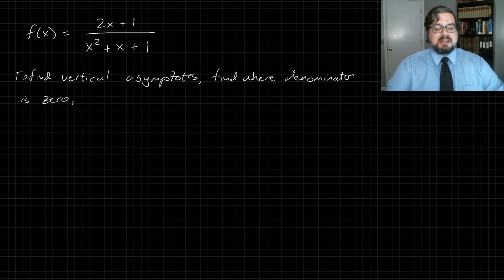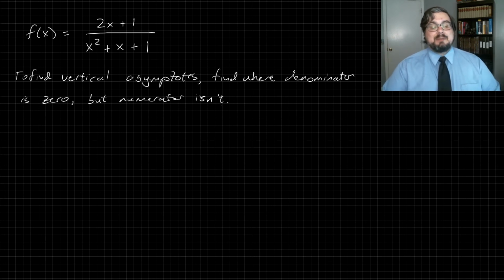But I should specify here that we need to find where the denominator is 0, but the numerator isn't. If we can find places where the denominator is 0, but the numerator isn't 0, then we have a vertical asymptote there. If we have some place where the denominator and numerator are both 0, then it's unclear. We won't be able to say what goes on there.